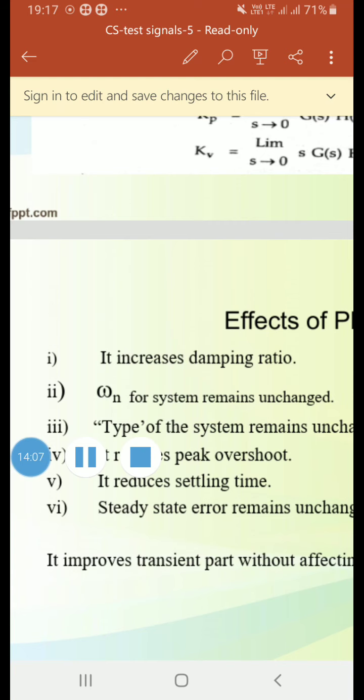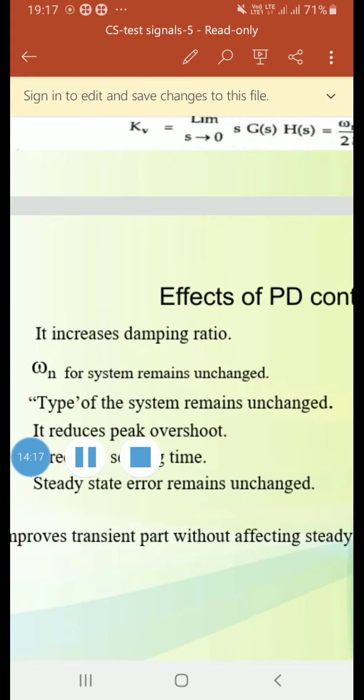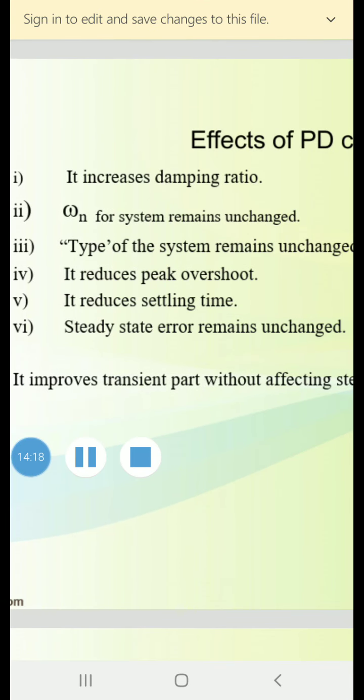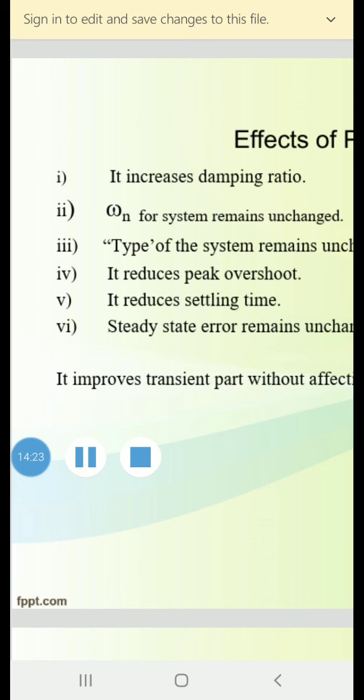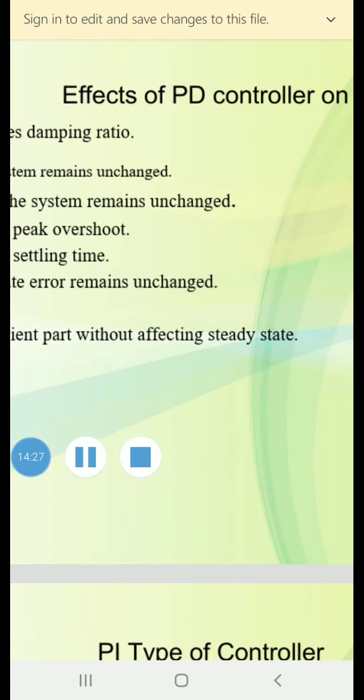Second, omega n for the system remains unchanged. Third, the type of the system remains unchanged. Fourth, it reduces peak overshoot. Fifth, it reduces settling time. Sixth, steady state error remains unchanged. So it improves the transient part without affecting steady state in general.